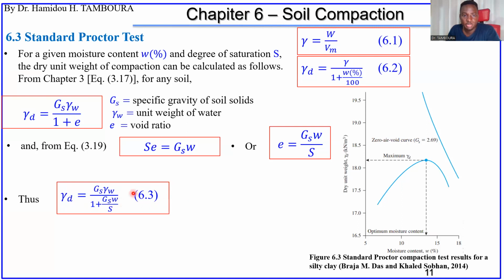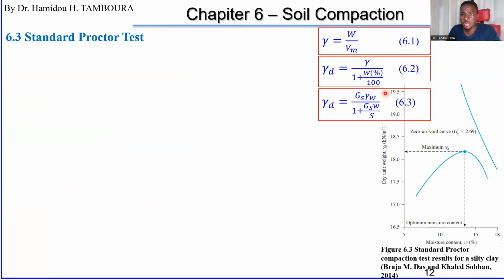So if we have this formula, 6.3, I will keep it here. It means we can obtain the dry unit weight from this equation 6.3 as well. And what do we do now? We consider when the degree of saturation is 100%.